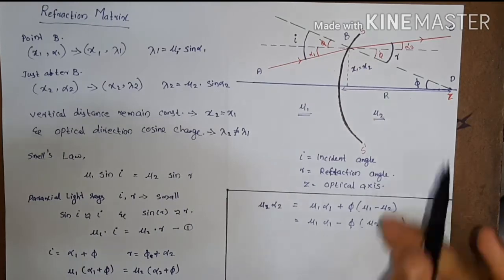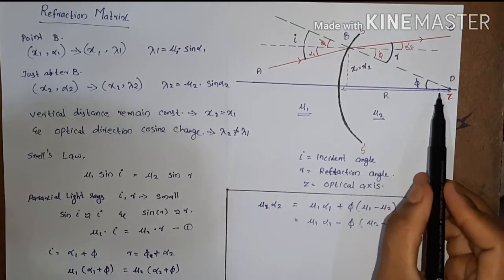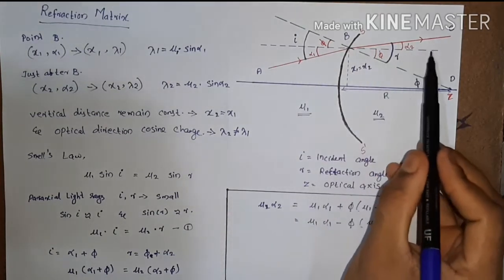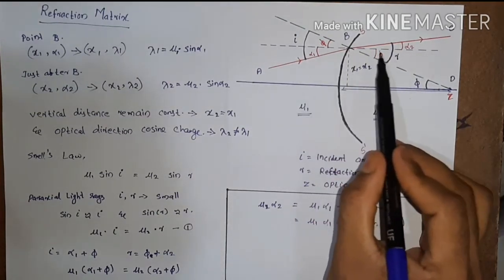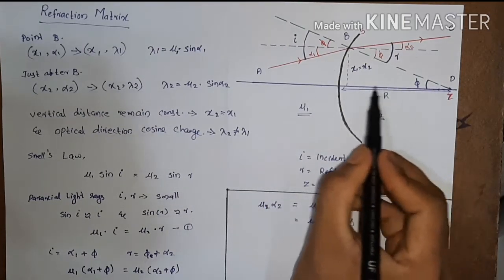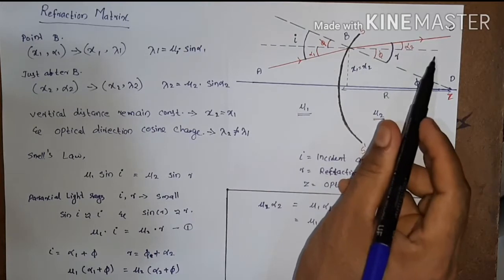Again, observing from this figure, this dotted blue line represents the optical axis itself, and this is also the optical axis, so these two lines are parallel lines.